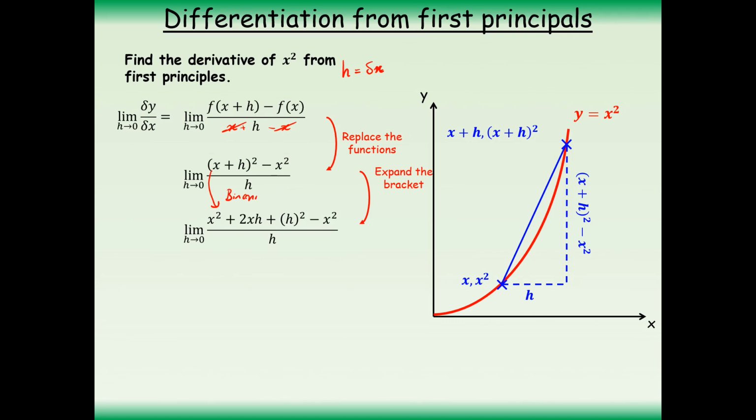If you don't remember that from chapter 8, I suggest you look it up, and make sure you do it correctly here with the correct signs. There's a plus sign here, so everything should be positive. This minus x squared is part of the formula, and it's going to cancel that x squared out. It is almost always the case that the first and last terms in this line should cancel each other out. So just remember that. That was the expansion of the bracket.